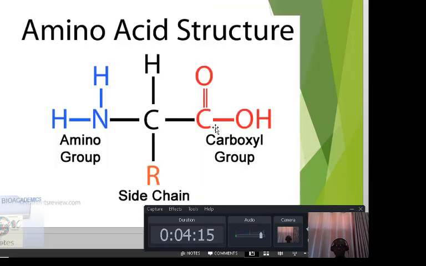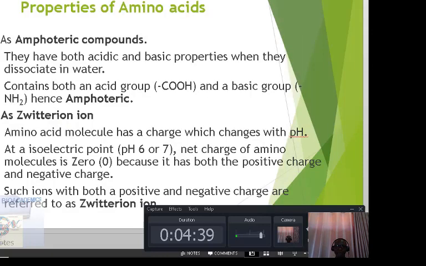Okay, there you are. So you can see there's this carboxylic group which we said is acidic in nature, and we have got the amino group that is basic in nature. And so we say one of the properties of the amino acid is that it is amphoteric. It has got both acidic as well as basic characteristics, and so we refer to it as an amphoteric molecule.